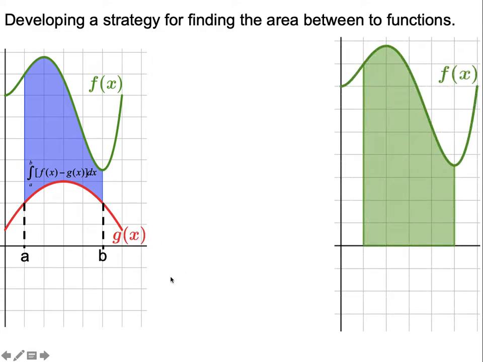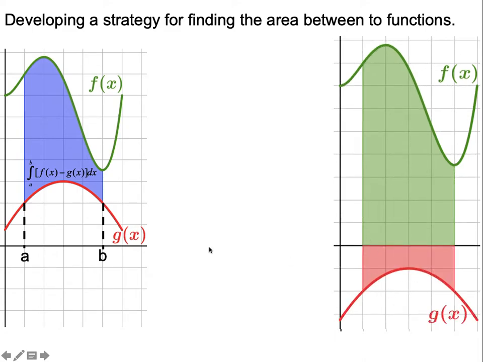And the nice thing is it works even if g of x is beneath the horizontal axis. Here's our same f of x. Now let's introduce g of x, and all I did was shift g of x down, it looks like 1, 2, 3, 4 boxes. If I integrate f of x between a and b, I get the green region.